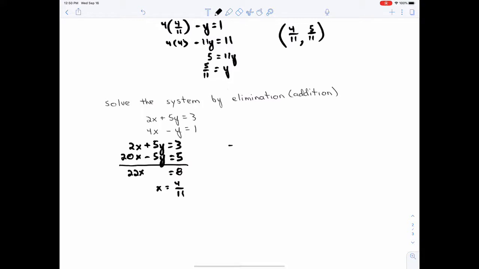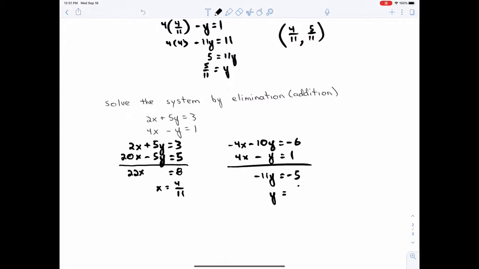So we get negative 4x minus 10y equals negative 6. That's the first equation multiplied by negative 2, and I'm going to leave the second equation alone. So we'd end up with negative 11y equals negative 5, and y equals 5/11.